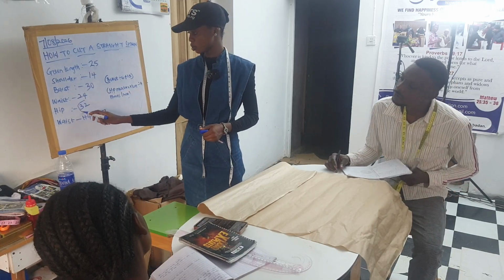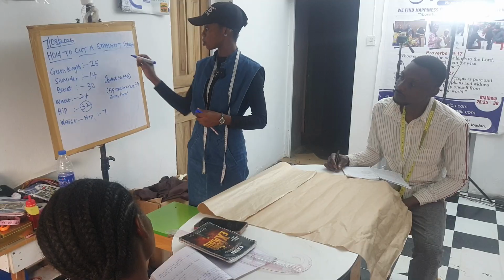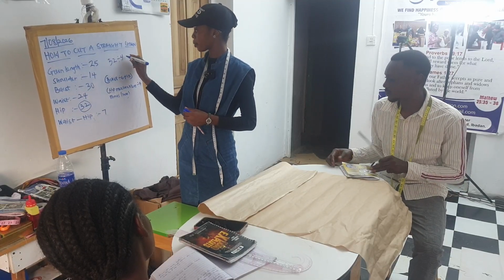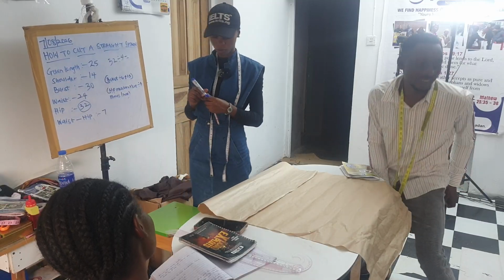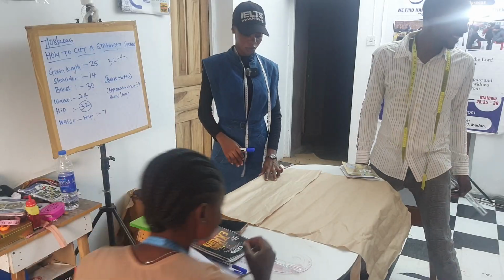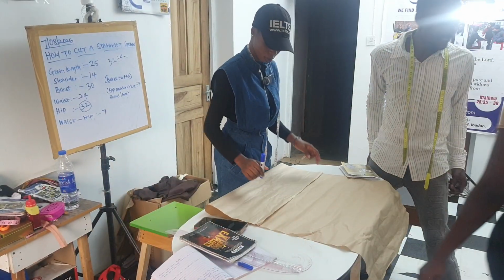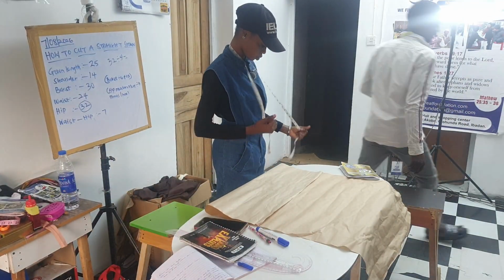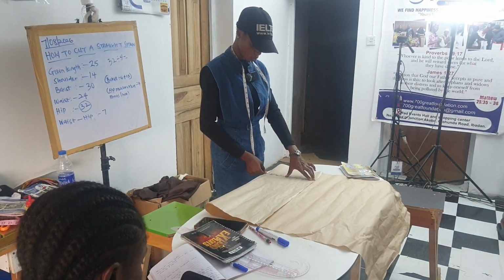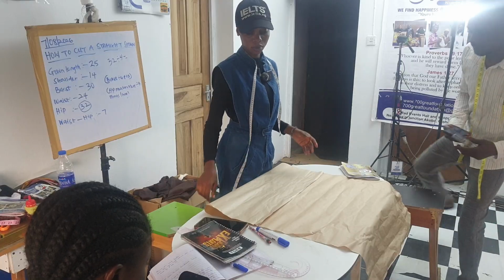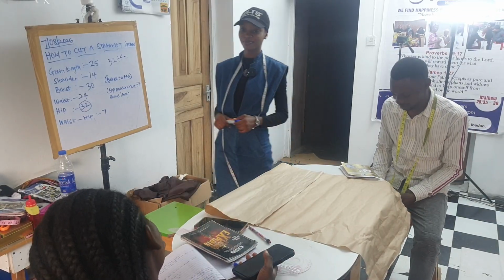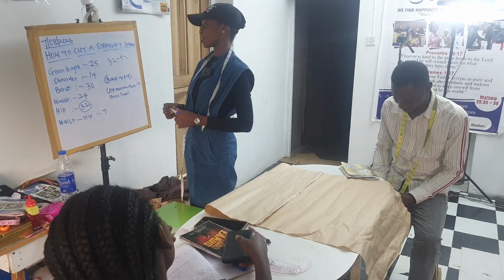These are the highest measurements, so that's 32. 32 divided by 4 is 8.